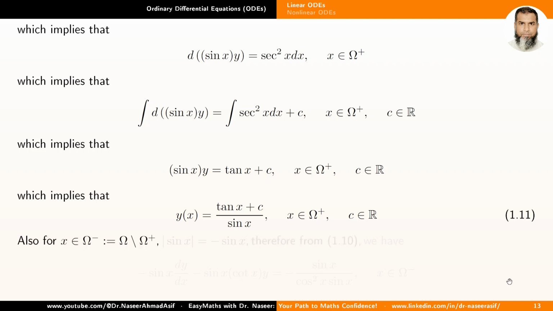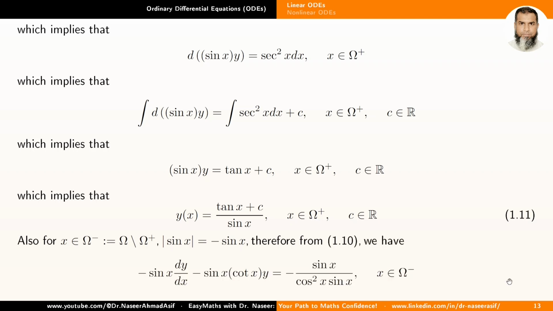Now for Ω minus, which is defined as Ω other than Ω plus, |sin x| is equal to minus sin x. Therefore from 1.10 we have minus sin x dy/dx minus sin x cot x into y is equal to minus sin x over cos²x sin x, where x belongs to Ω minus.